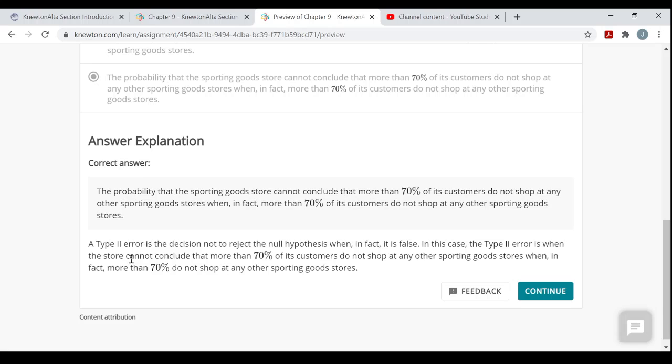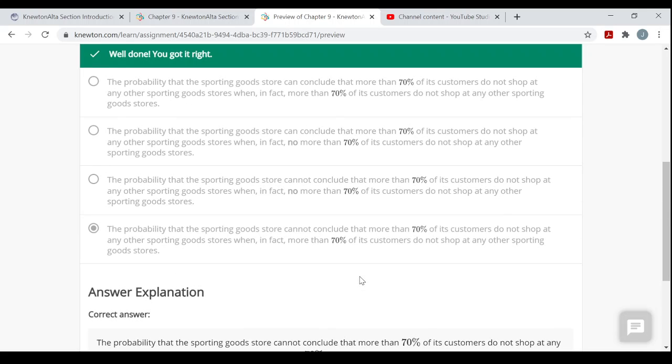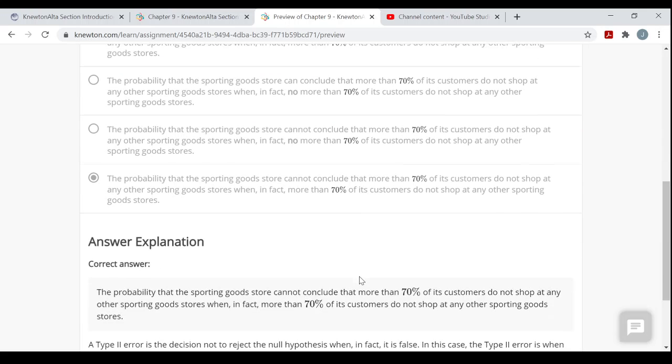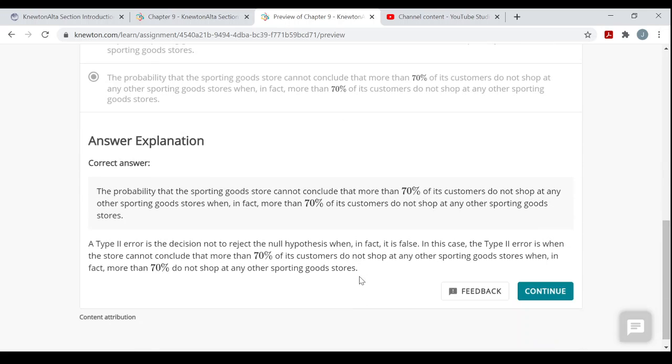They can't conclude the alternative hypothesis, meaning they're not rejecting the null. But the null is actually false, right? They're saying, oh, but that alternative hypothesis is actually true, so they should have rejected it. They should have concluded that. They should have rejected the null in the first place, but they didn't. Yeah, so some weird wording there, but as long as you get down what a type 2 error is, that should help.